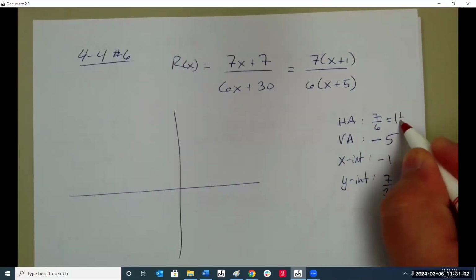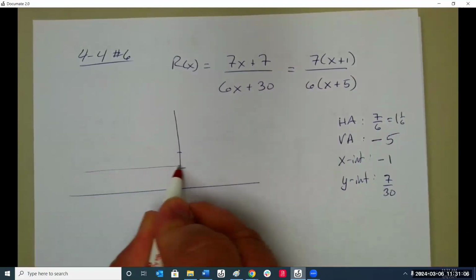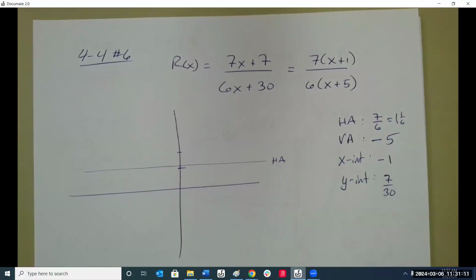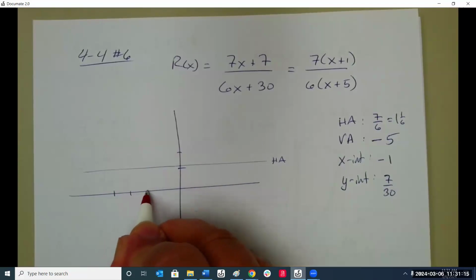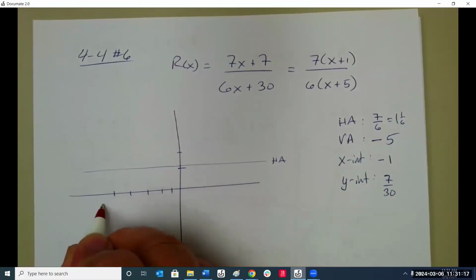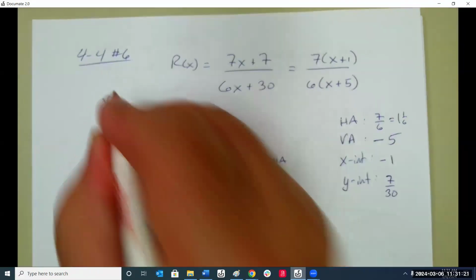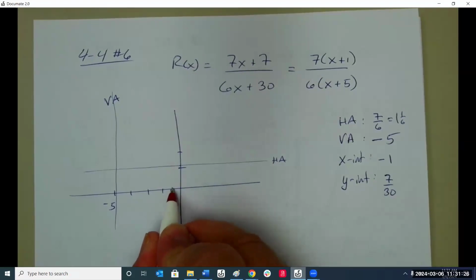The horizontal asymptote is there, 7/6. The vertical asymptote is at -5. X-intercept is at -1.